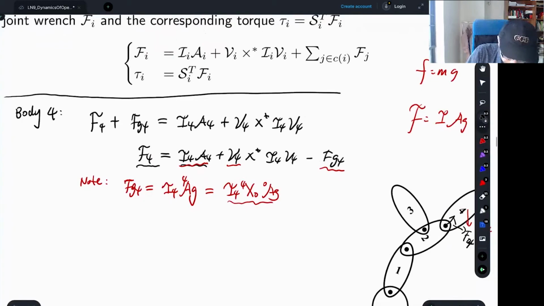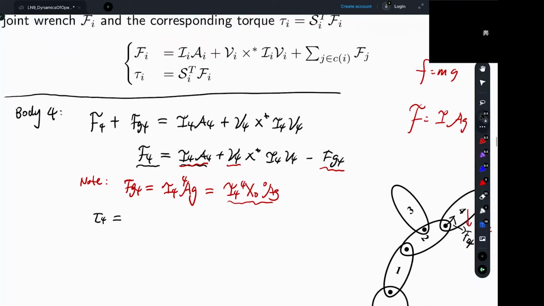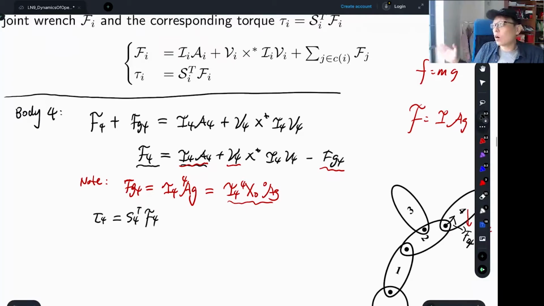Suppose I got this F4, what is tau of 4? We need to know the joint torque, right? Tau 4 equals S4 transpose F4. Okay, it's a projection of the wrench onto the screw axis, because the screw axis is the only space for the motion.